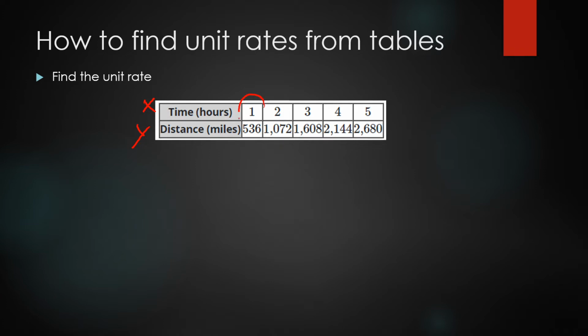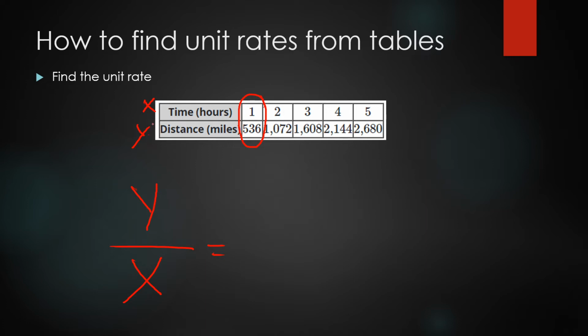And again, we're going to pick a pair. Now this is where you need to be very careful with these vertical tables, or horizontal tables, sorry, because remember that our formula for writing unit rates is going to be y over x, okay? Notice how this looks like a fraction, but you need to be careful, okay?